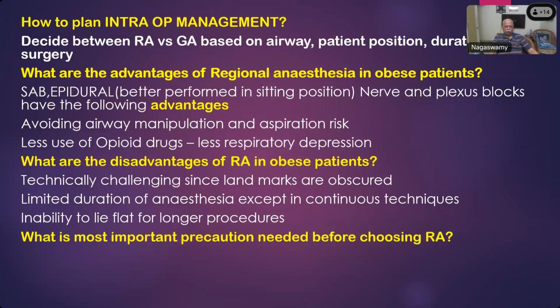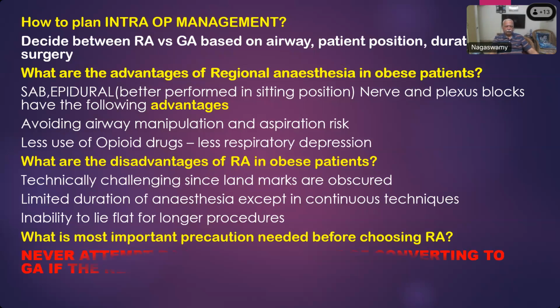And what is the most important precaution needed before choosing RA? What is the important caveat or caution that you should exercise before choosing? Just because it's TKR, you cannot take it lightly, thinking it can be done under spinal or epidural and get away with that. What is the most important precaution?